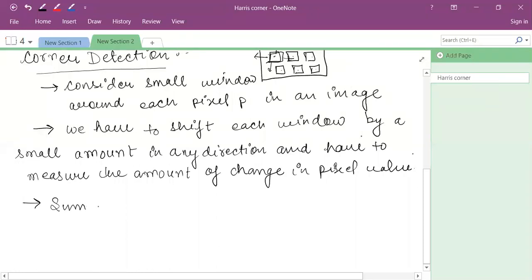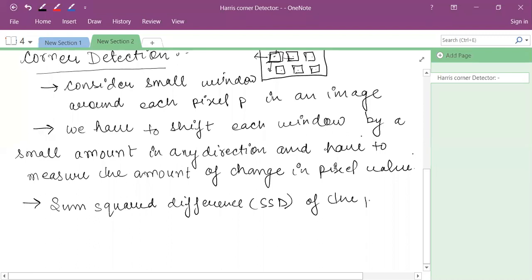So there is a mathematical function over there that is called the sum squared difference. That is called SSD of the pixel inside the image. So this is a sum squared difference, means you have to initiate the difference, that is the pixel value which you have to take before the shifting and the pixel value that you have to take after the shifting.